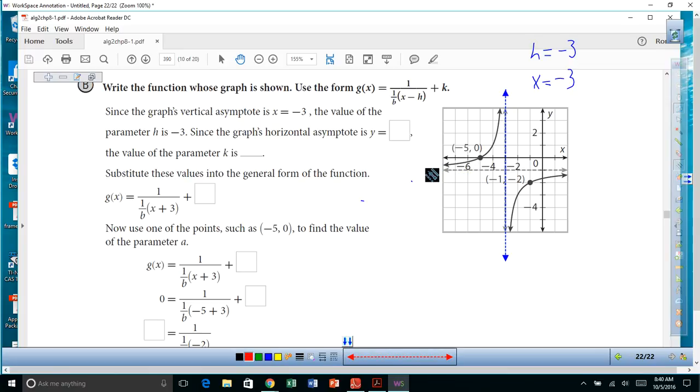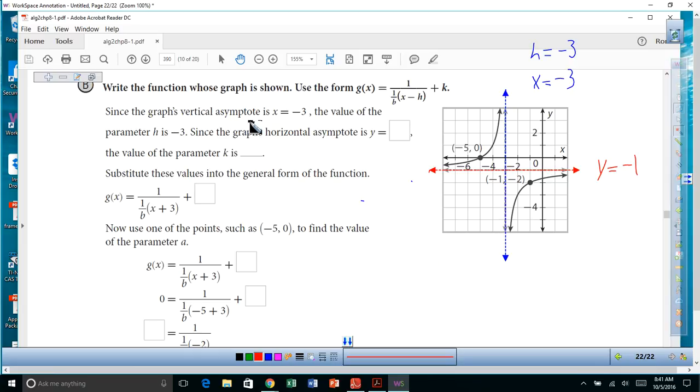We have a horizontal asymptote right there, and that's negative 1. That looks like negative 1. So that's y equals negative 1. So our k is negative 1.